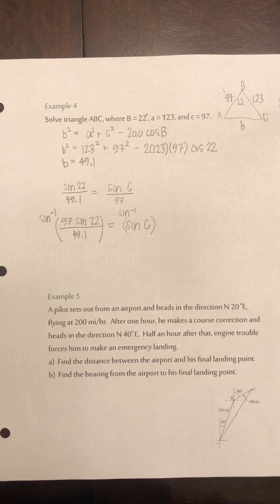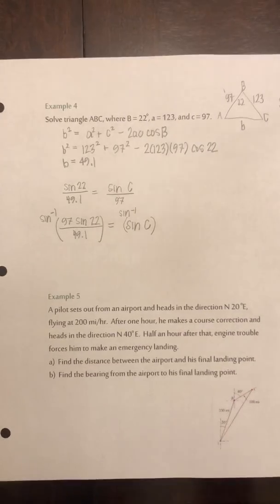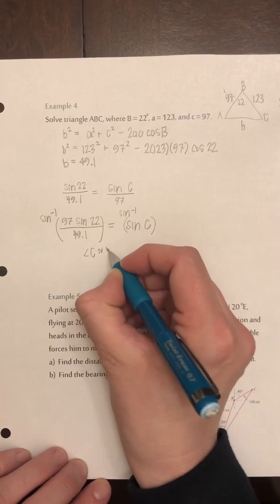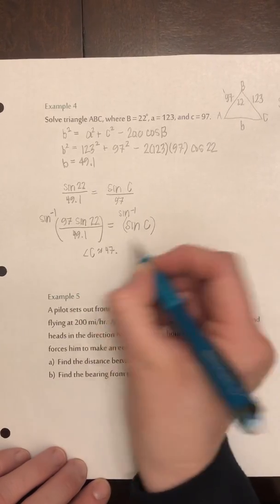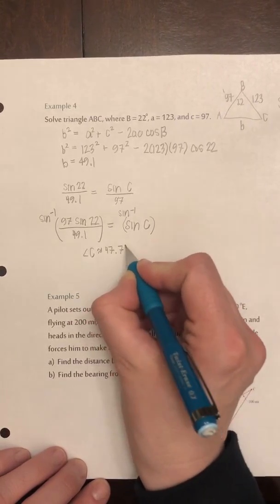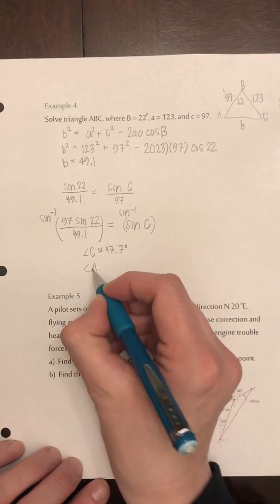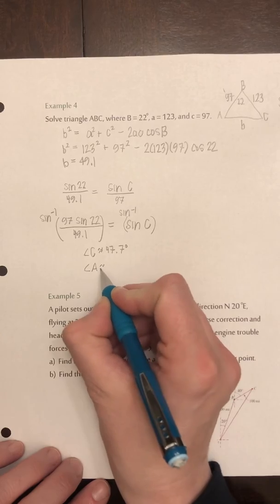So we're going to inverse sine of 97 times sine of 22 degrees over 49.1. And I am finding out that angle C is approximately 47.7 degrees, which means the last thing that I need to do is find angle A.